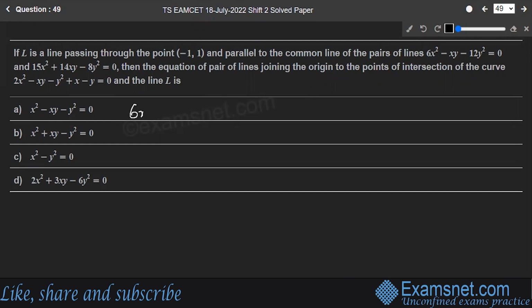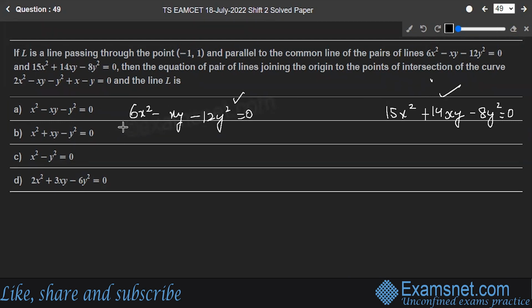So first is 6x square minus xy minus 12y square is equal to 0. Second is 15x square plus 14xy minus 8y square is equal to 0. This is the same equation which we solved in the previous question, right? Same two pair of line equations.